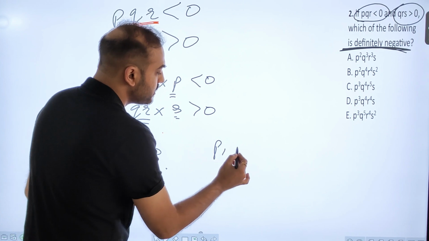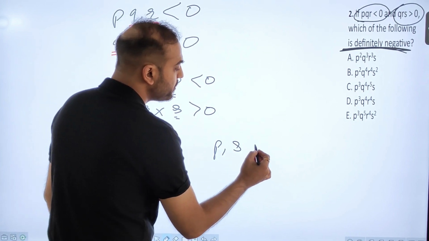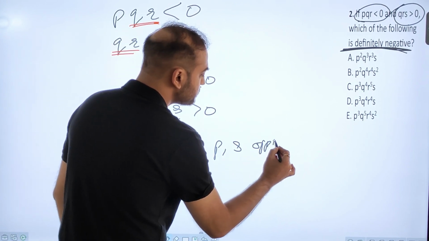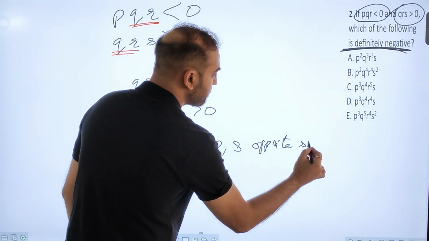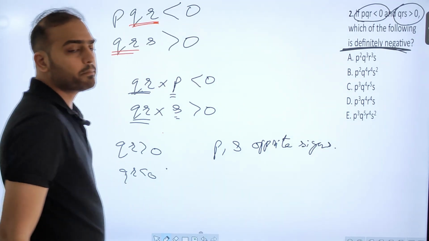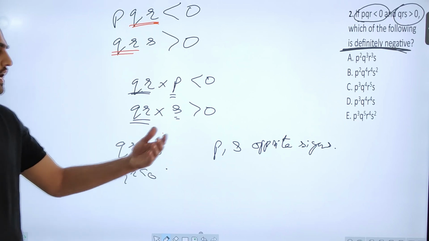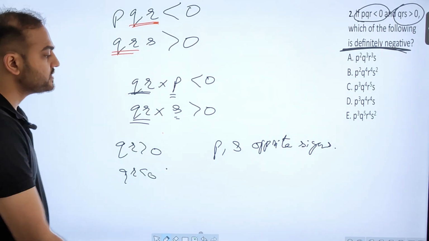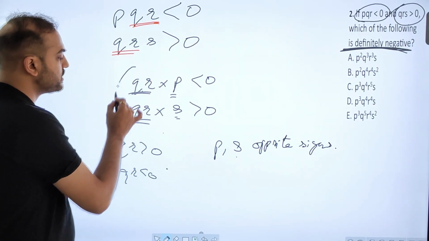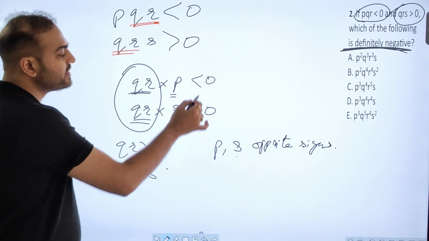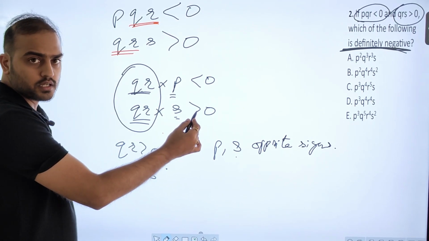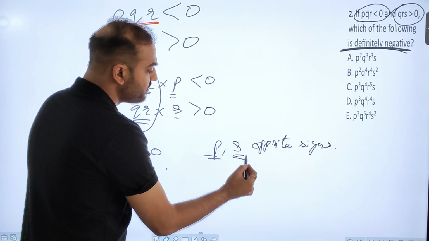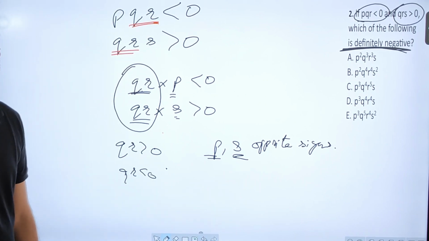This tells us that P and S have to be of opposite signs. One of them has to be positive and the other has to be negative, because when P and S are multiplied by the same term QR, the answers have different signs.